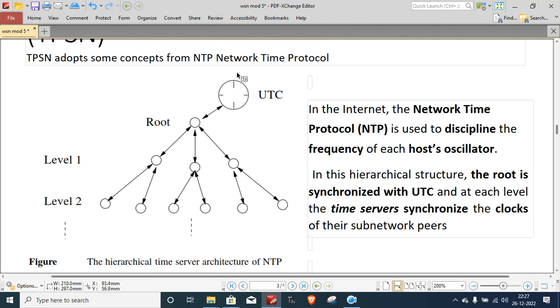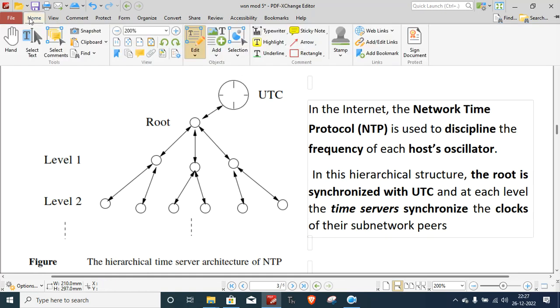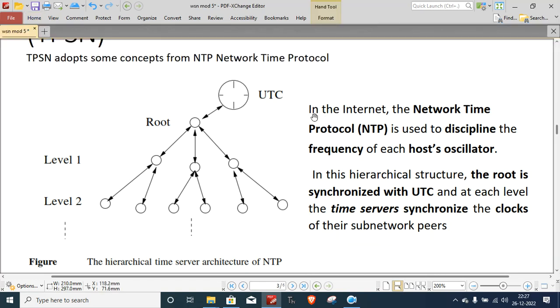Let's see a few basic things about Network Time Protocol. In the internet, NTP is used to discipline the frequency of each host's oscillator. So the oscillator frequency is brought into discipline by making use of this protocol. This is a hierarchical structure that has different levels, and at the topmost level we find the root, at level 0.